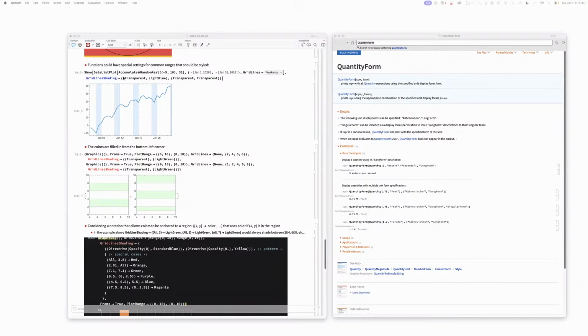But also, when I was putting this together, it occurred to me that in terms of that date list plot, what you really want to do is just say shade the weekends, or shade a particular month or something, and have it do the resolution for you.